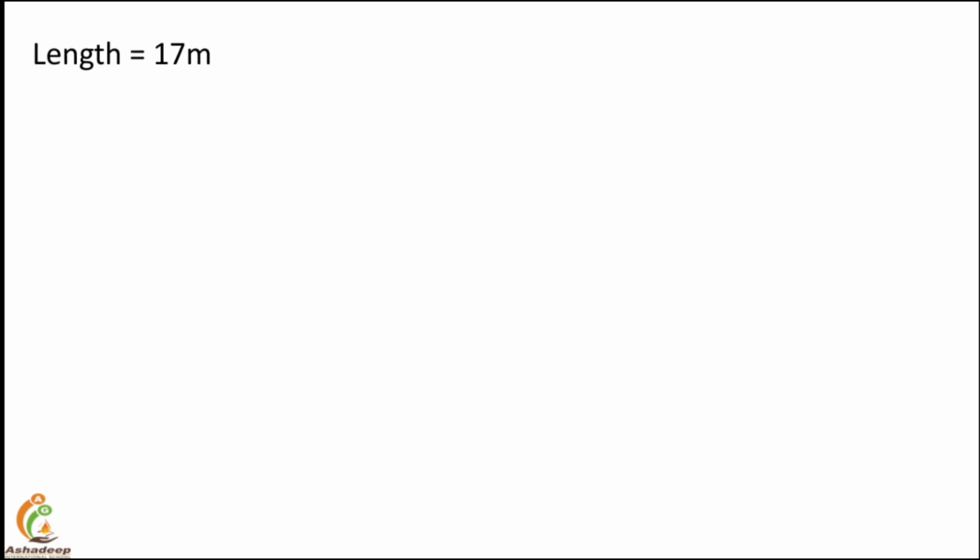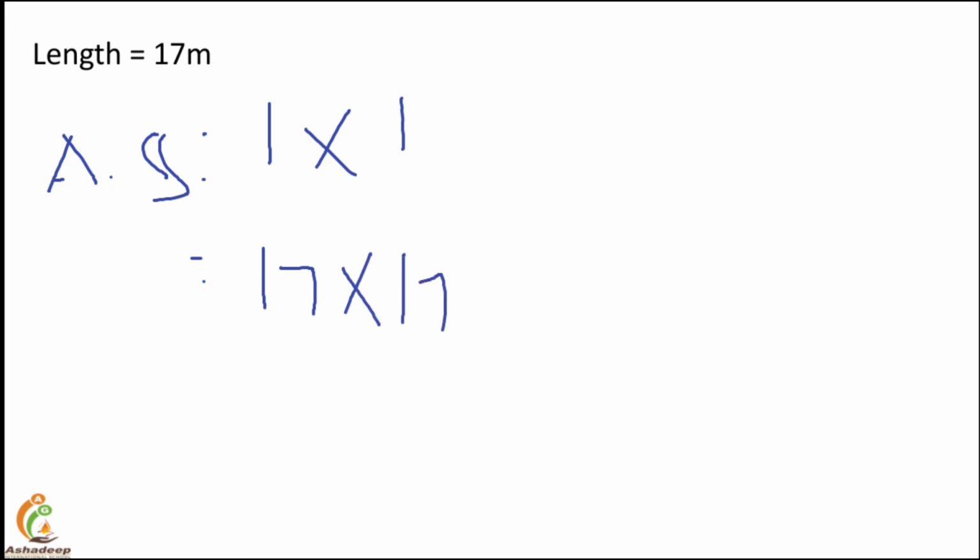Next we have 17 centimeter. Only length is given, which means this will be area of a square, that is length multiplied by length. 17 will be multiplied with 17 only.